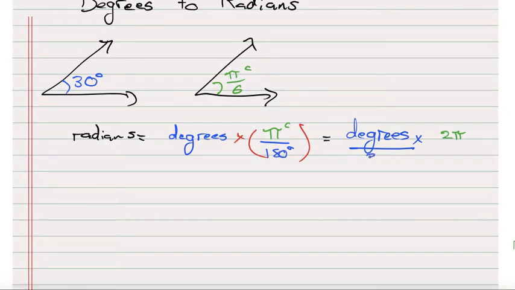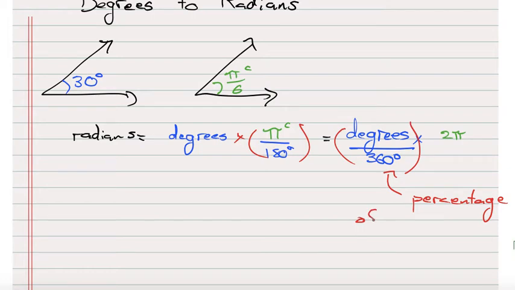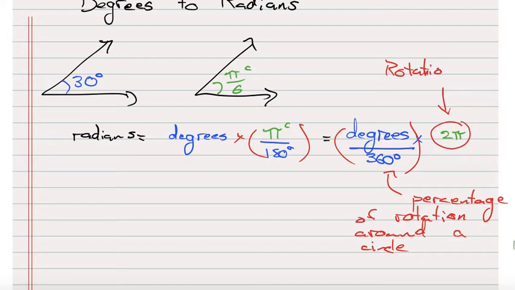So what we're effectively doing in this section is finding the percentage of rotation around the circle in terms of degrees, and then over here it is the rotation of a circle in terms of radians.